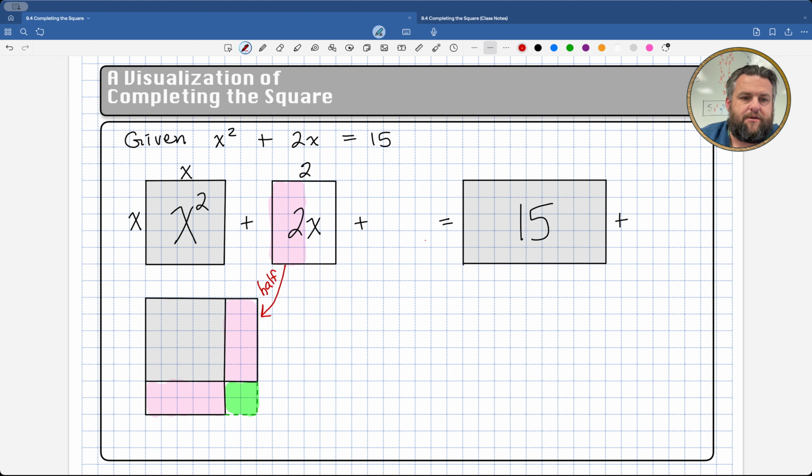This is still x along the side, this is still x, and now this component is 1, and this component is 1. So we're taking x plus 1 times x plus 1, and that creates this squared component of 1 squared that we are literally adding to both sides of the equation. So we're adding a square to each piece.